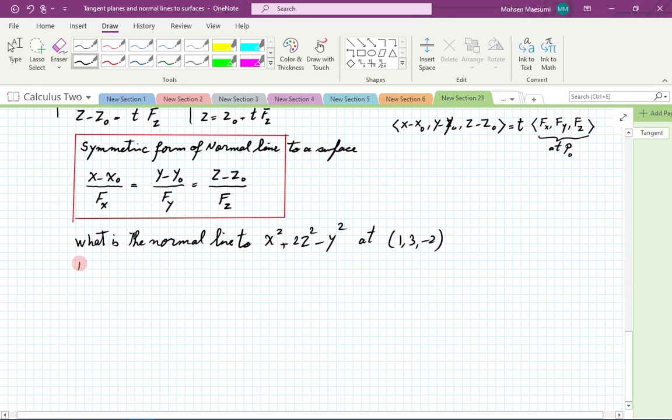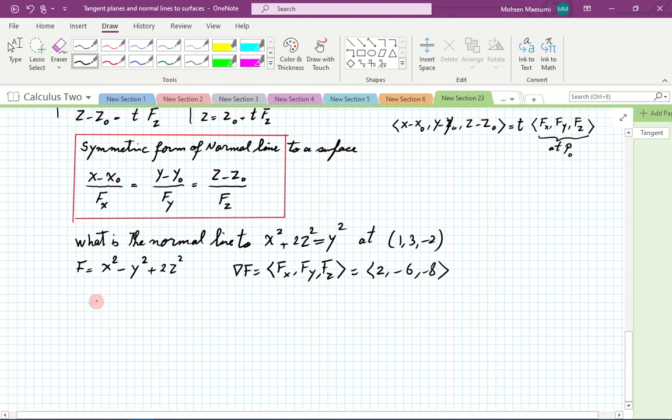So step 1, f was x squared minus y squared plus 2z squared. So the gradient of f, which was fx, fy, fz, turned out to be 2, minus 6, minus 8. We did that on the previous page.